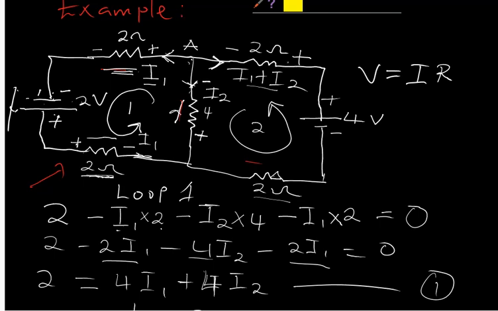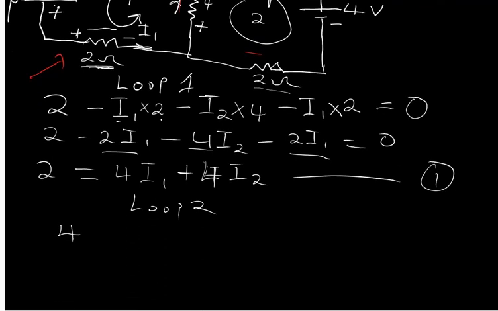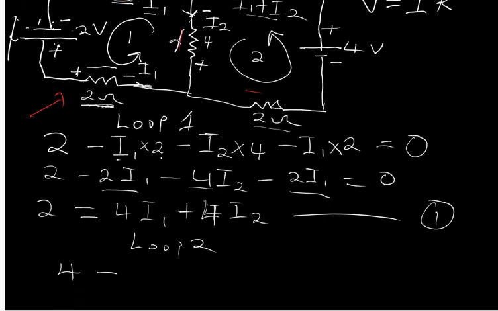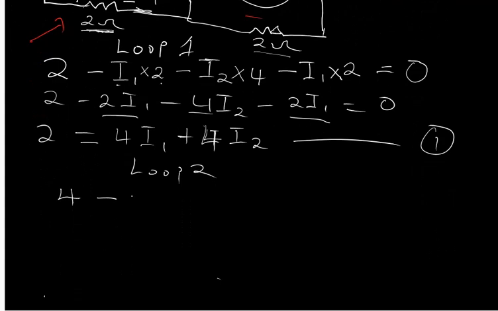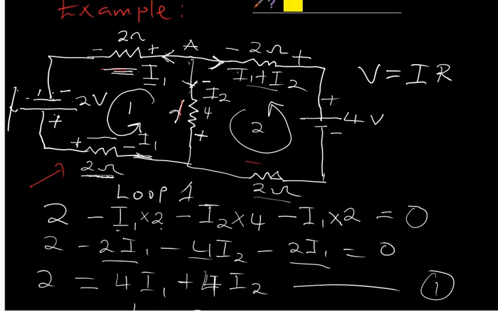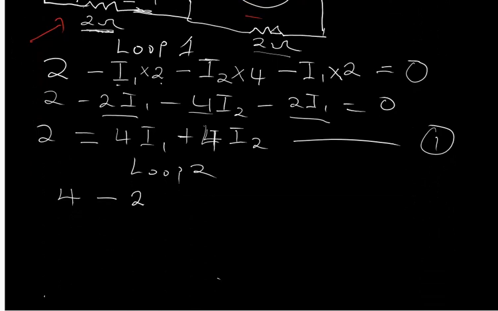So that's from positive to negative, a drop in potential. That's going to be minus 2 times the current. The current through the 2 ohm resistor is I1 plus I2, so I put that in a bracket: 2 times (I1 plus I2).